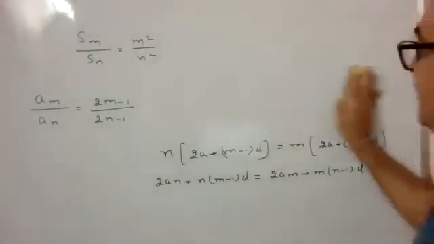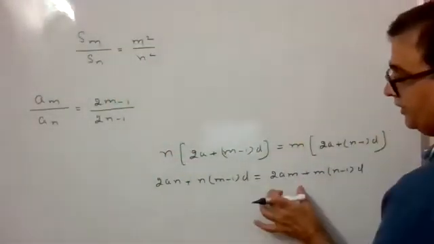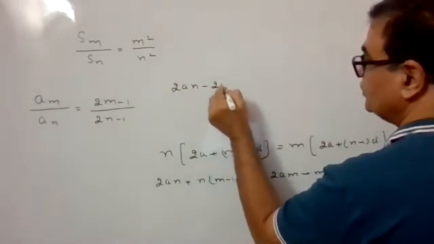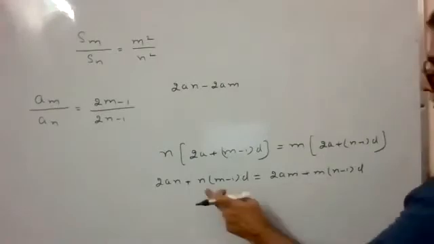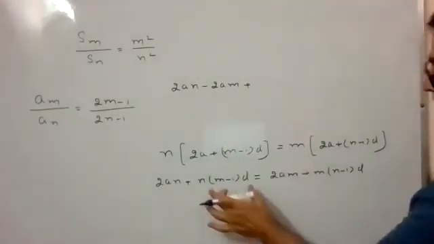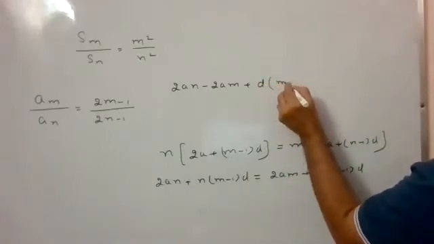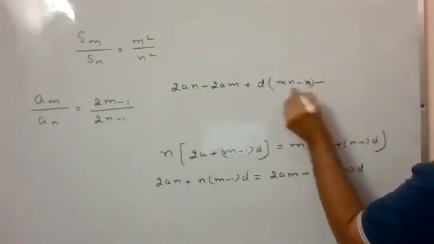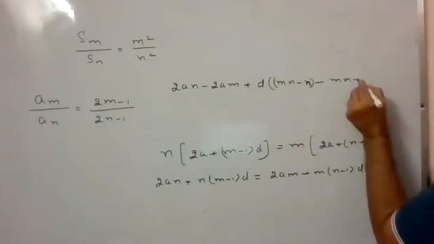Now when I solve it further, the a terms we will take together, so it will come 2an minus 2am, and d will be common here, so left is mn minus n, and mn minus m.